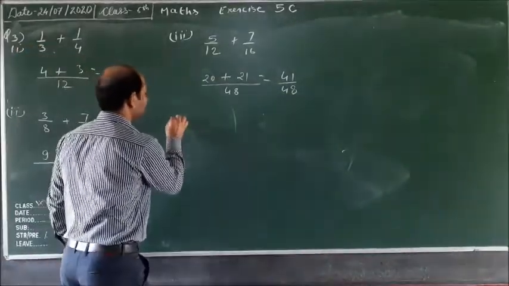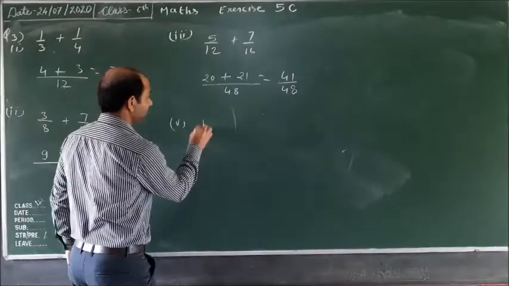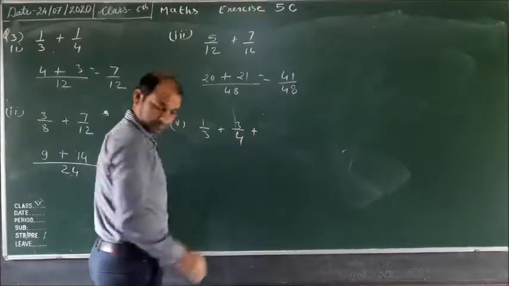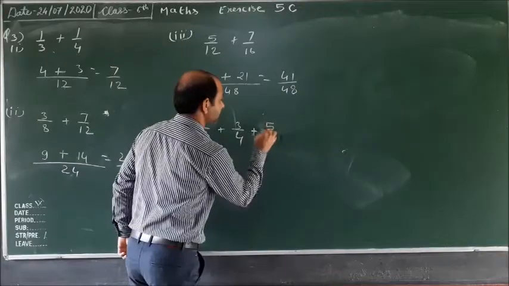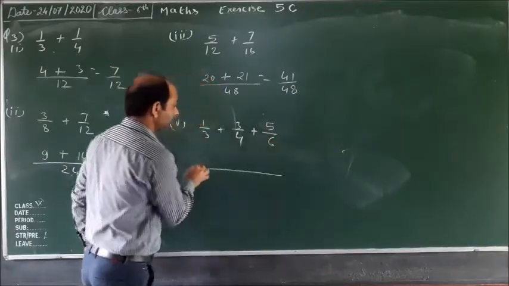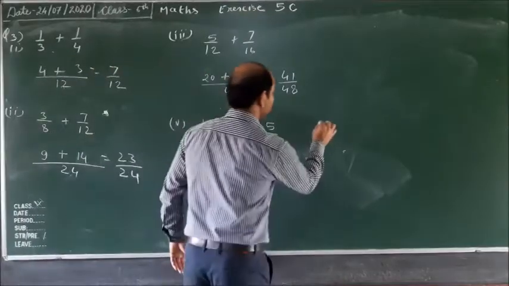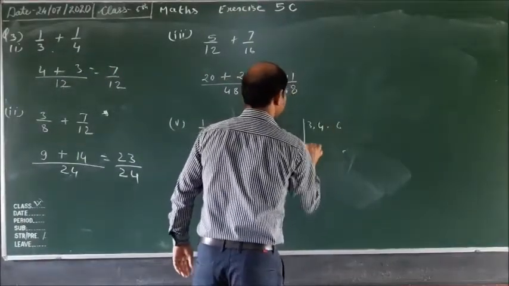Okay, now question number 5, dear children. 1 upon 3 plus 3 upon 4 plus 5 upon 6. First we take the LCM of these numbers. So the denominators are 3, 4 and 6.